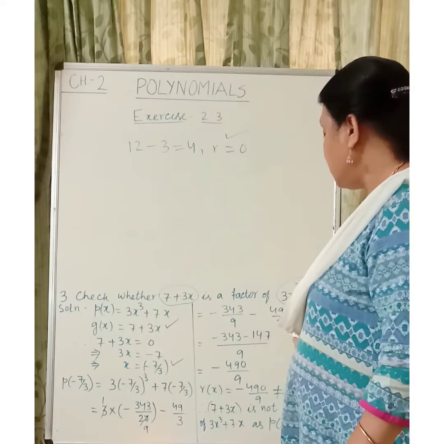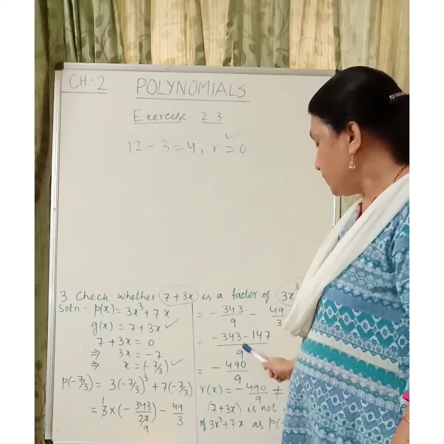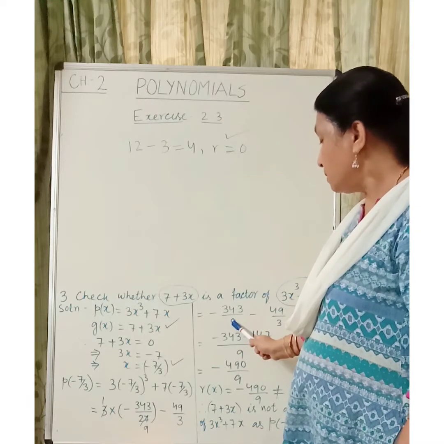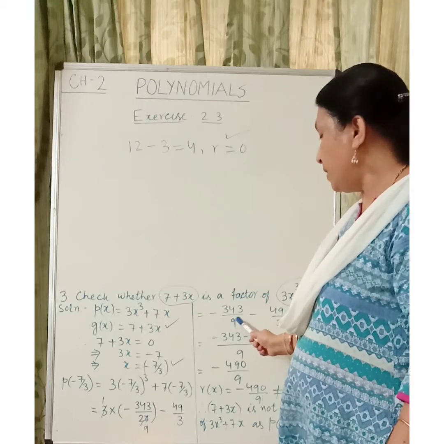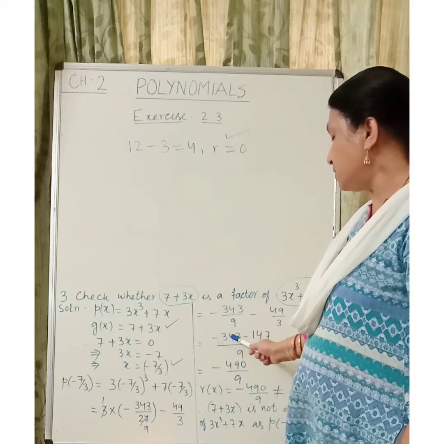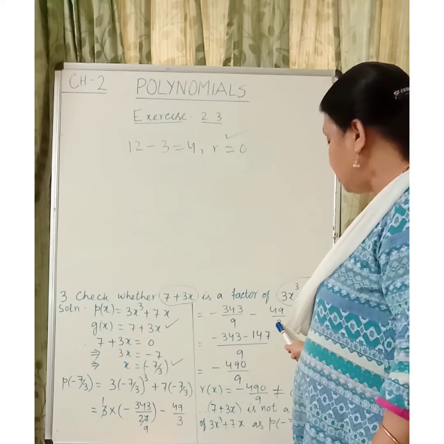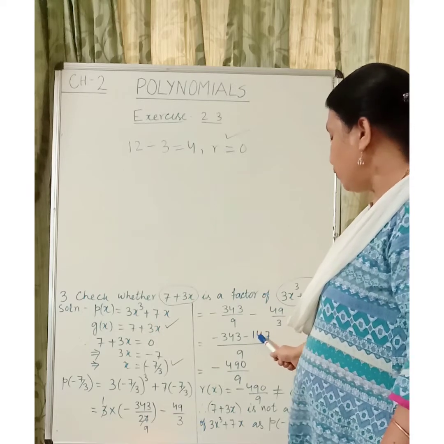Now what is the LCM of 9 and 3? That is 9. So 9 divided by 9 is 1. So 1 multiplied with 343 is minus 343. Here 3 into 3 is 9. So 49 into 3 will be 147.